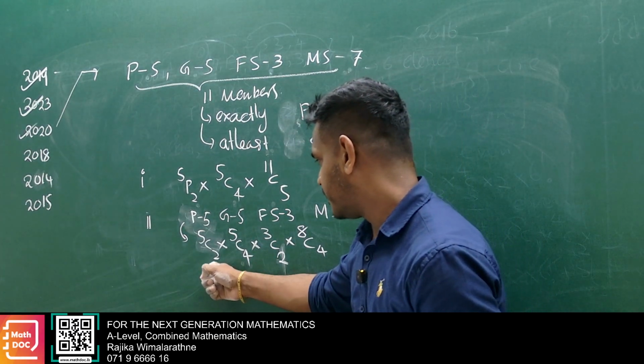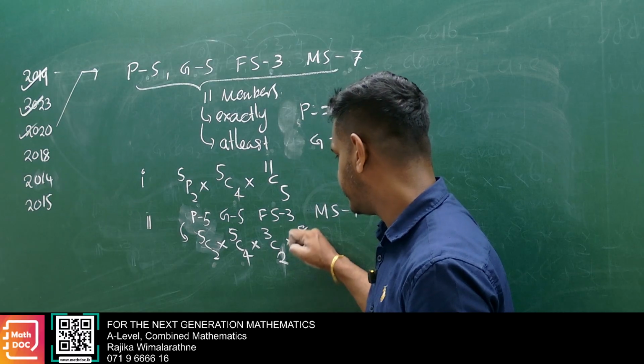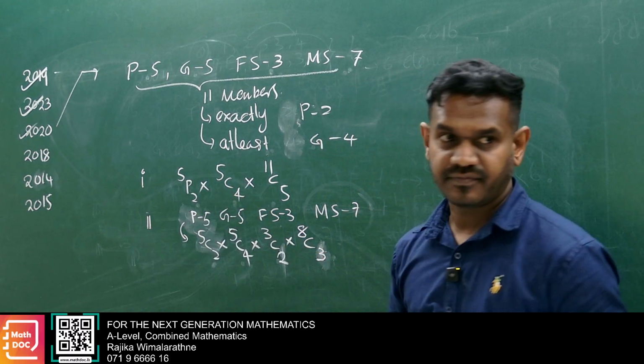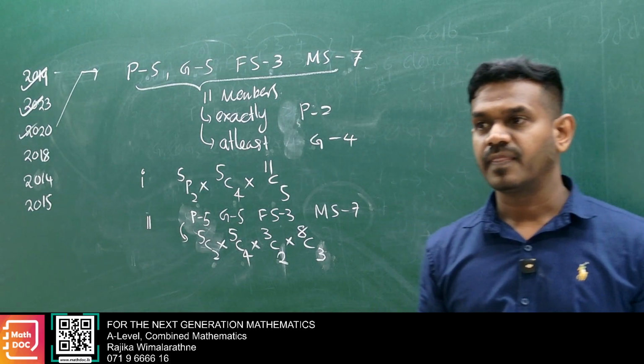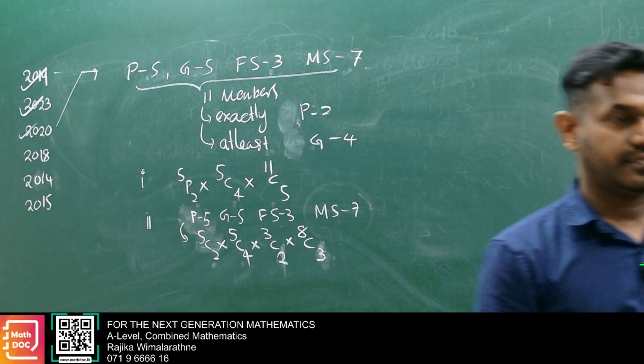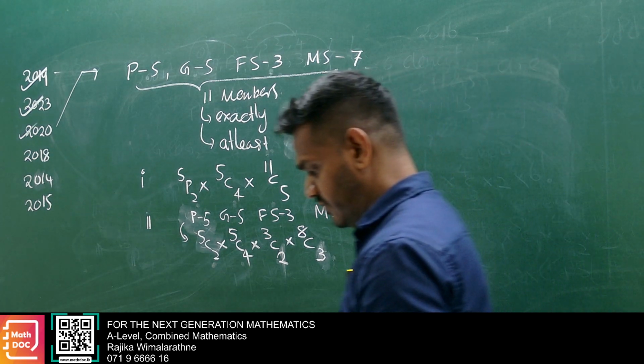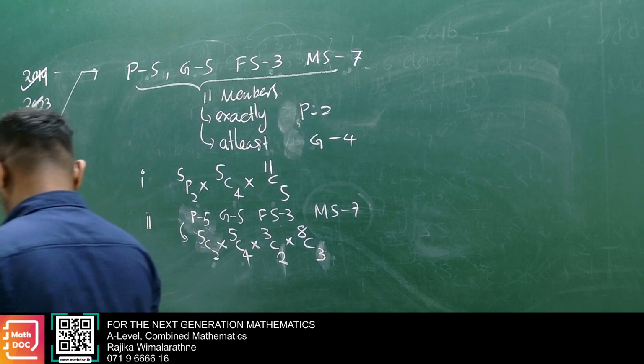Then 4, 2, 6, and here we need only 3 more: 8C3. Do the selections with the condition.